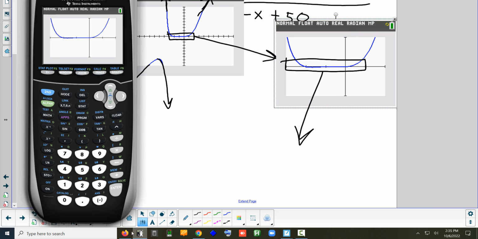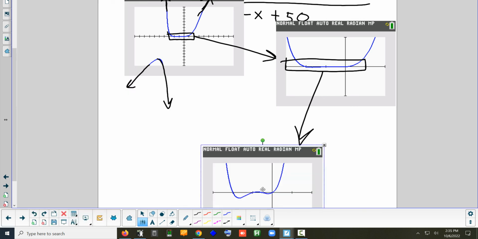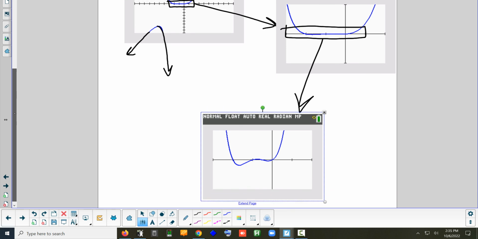Instead of going from like -1 to 1, let's try -0.1 to 0.1. And I want you to tell me what you think about that section that was flat. Was it flat? Not at all.